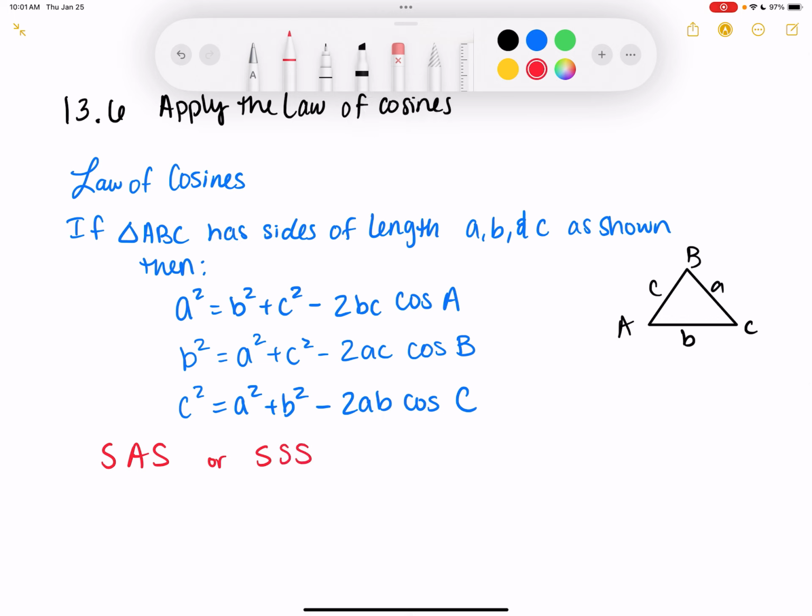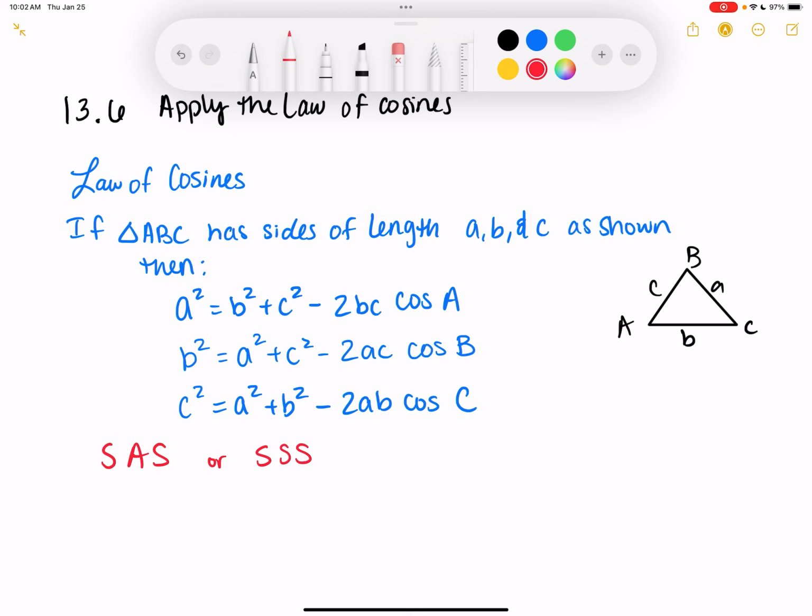So when you get to the quiz or the test, you need to make sure you know, because you can't use law of sines initially with side, angle, side, or side, side, side. And you can't use law of cosines with side, angle. So you have to make sure that you pay attention to what type you have to be able to do that.